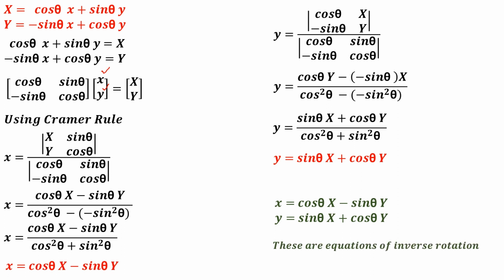Do remember that the equations of rotation and equations of inverse rotation are simply a relationship between small x, y and capital X, Y, that is, coordinates of a point with respect to the original axes and coordinates of the same point with respect to the rotated set of axes.